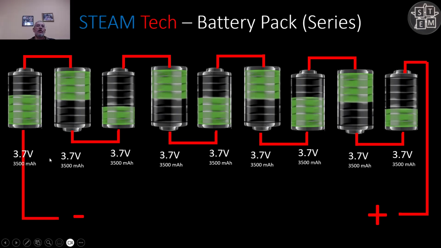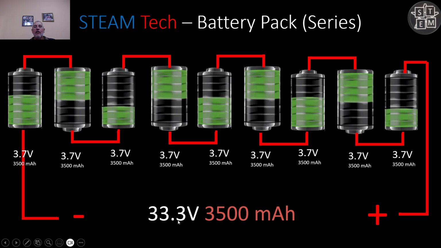In this situation, as I said, let's take the case of a lithium-ion battery. That's what we're going to be working with. The 3.6 volt is the nominal voltage, and the capacity is 3500 milliamp hour. When you put all these 9 batteries in series, instead of 3.7 volts, you will have 3.7 times 9.